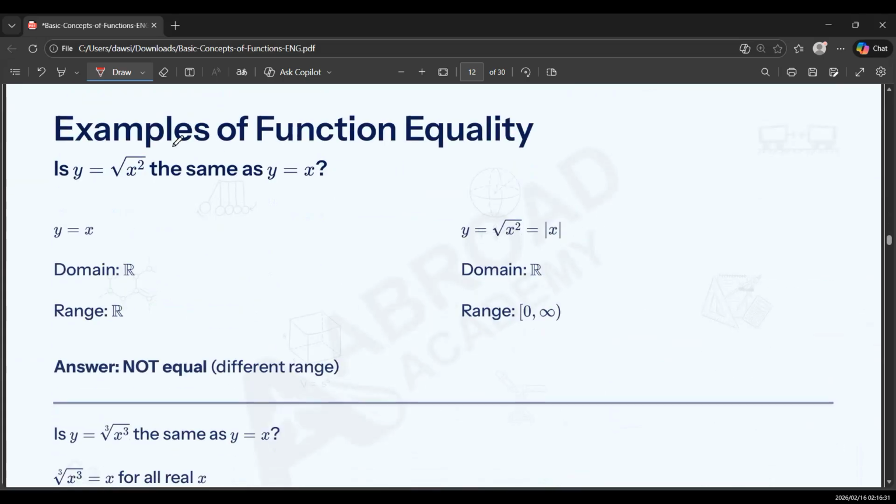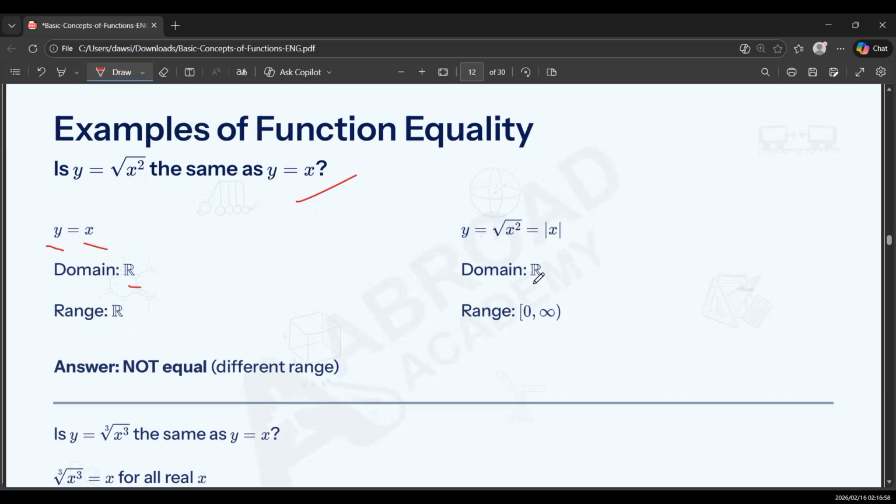And here are also examples of function equality. Is y = √(x²) the same as y = x? For y equal x, domain is R, range is R. We have to find out these things.